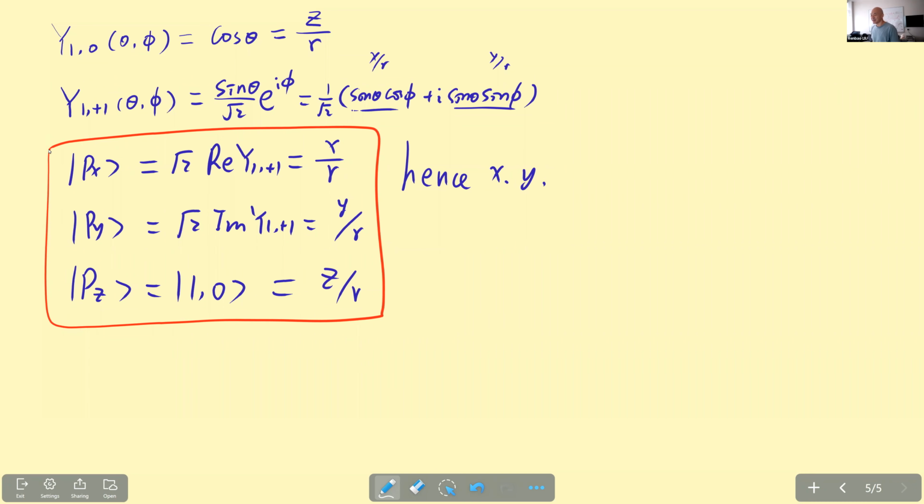And you can see that LZ |1,0> just equals 0 times h bar. So immediately you just do the permutation of the coordinates, and immediately you get the LZ.